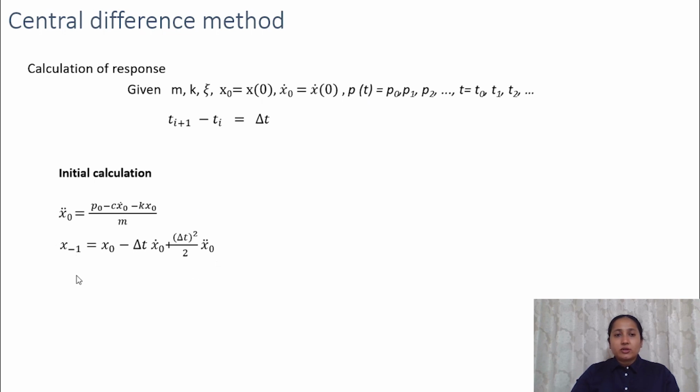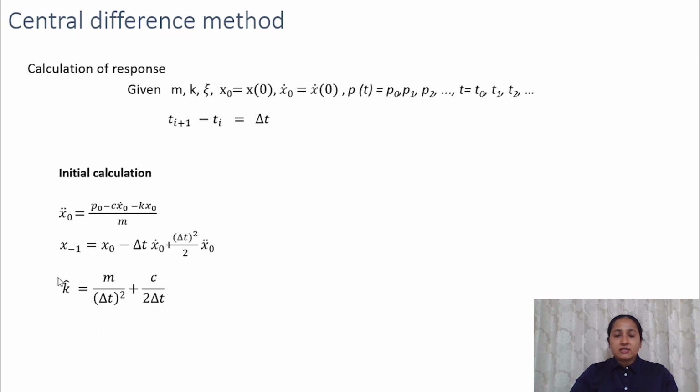So we can calculate that using the finite difference expression for acceleration. So using this formula, we can calculate x minus 1. And now we can calculate the effective stiffness, mass divided by time step square plus c divided by 2 delta t. So all these quantities are known. So we can calculate the effective stiffness.